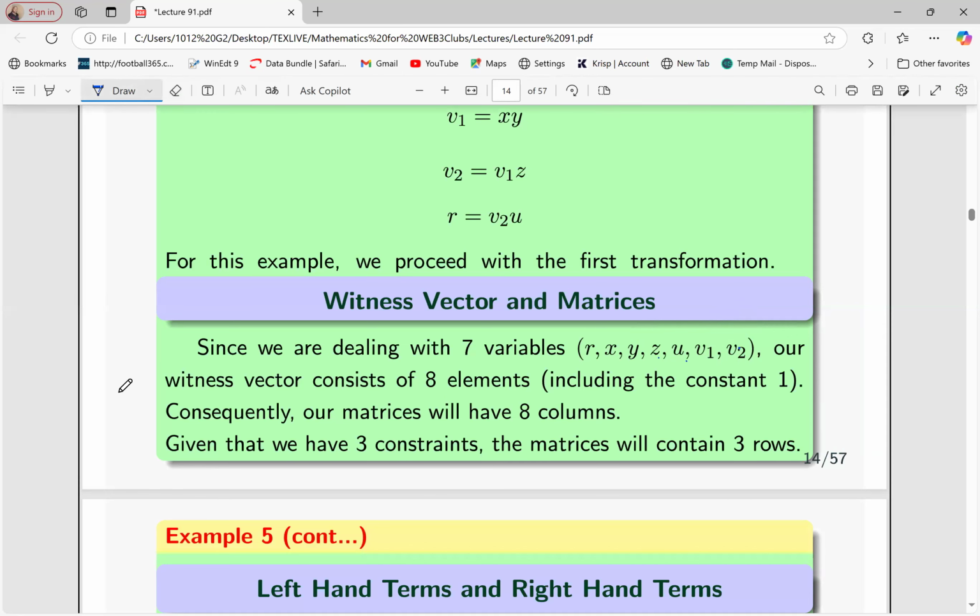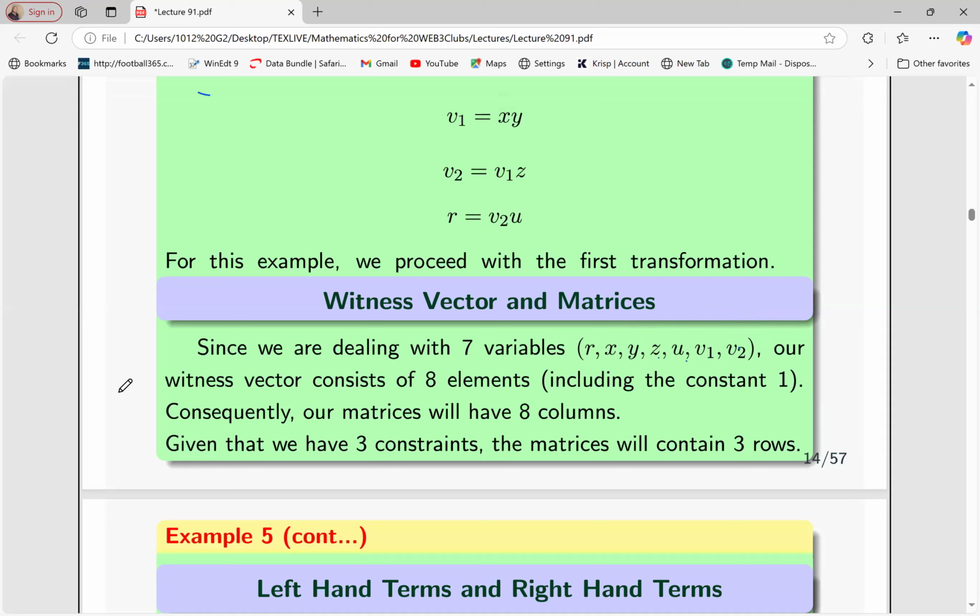But now, I've already erased, but what was it? What I want to again emphasize was V1 was XY, V2 was ZU, and then we had the R, which is V1, V2.